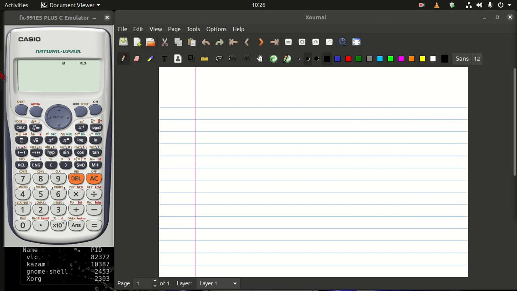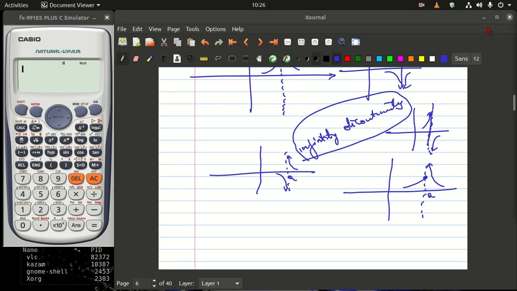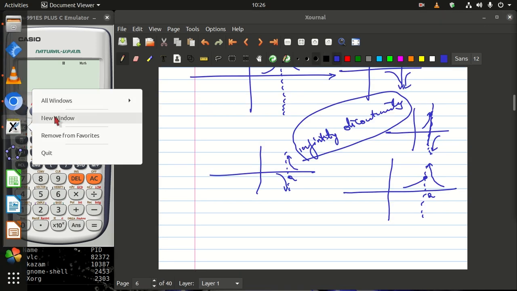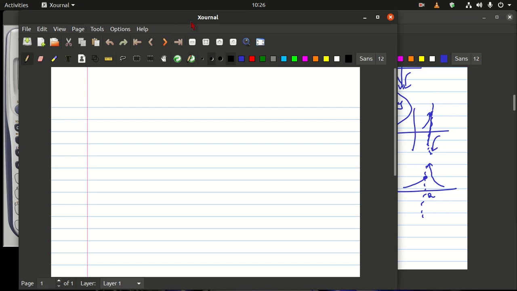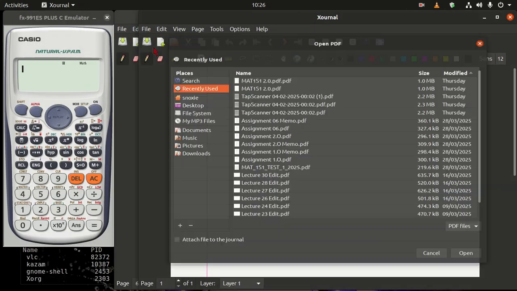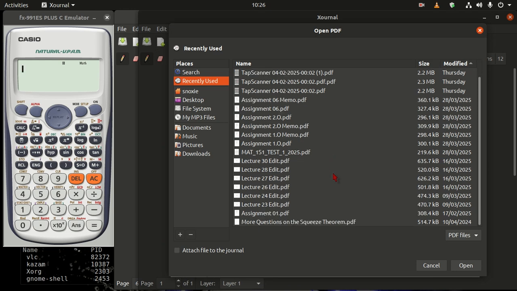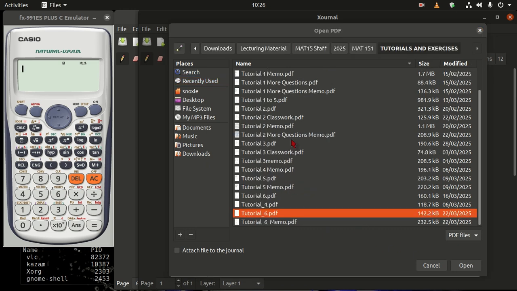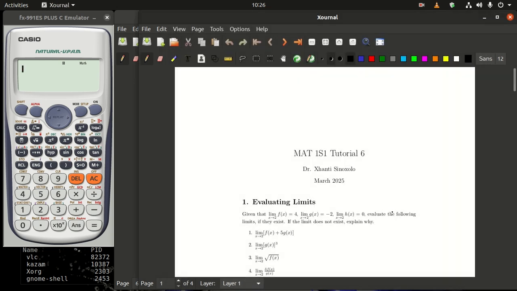Yeah, let's hope now it's going to open up. So let me clear this, open it again, new window, and then I want to annotate this tutorial 6. Why is it not showing up? I have tutorial 6. Yeah, tutorial 6.